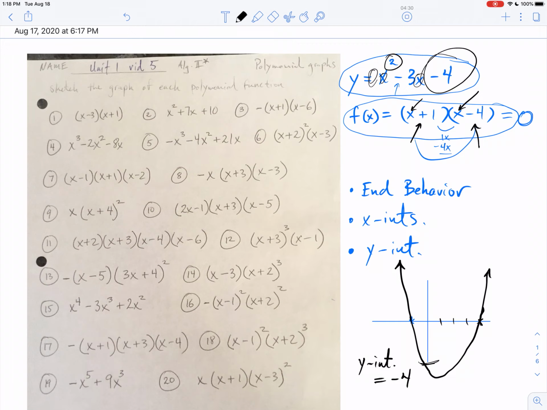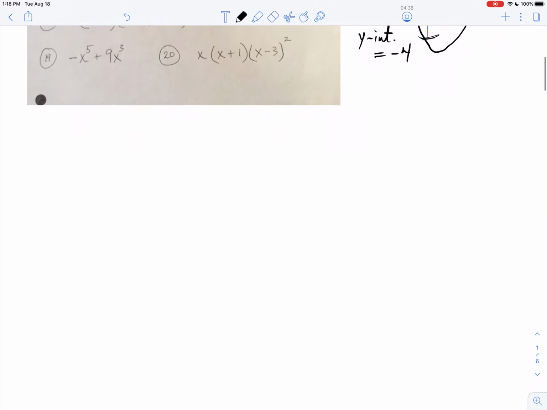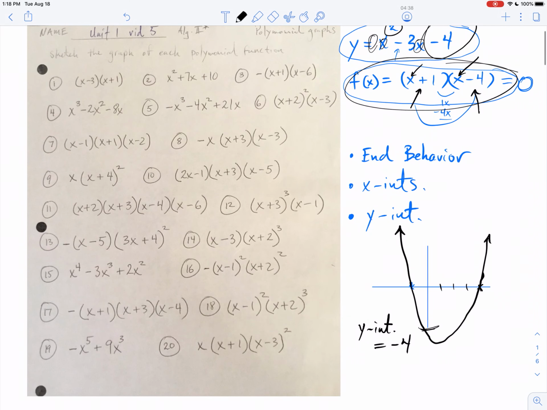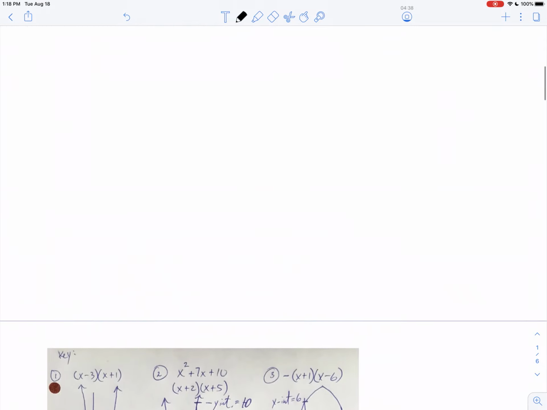So here's what we're going to be doing. I'm going to start you off with factored form. So let's look at a couple examples. But there's my 20 questions. You're going to sketch the graph for me. And then, of course, there's an answer key for all that stuff. But we'll get to that in a second. Let's just take a look at a couple basics. So first things first. I'm going to do 2 examples.